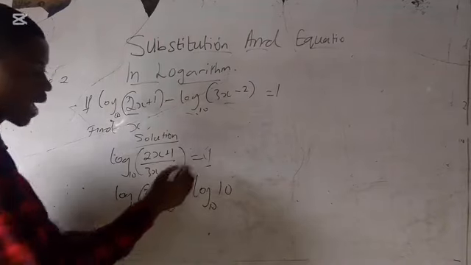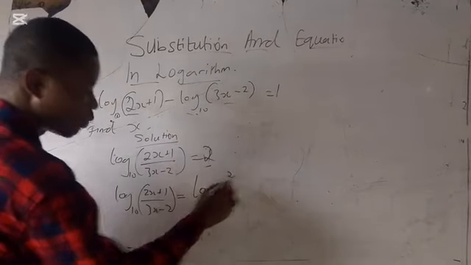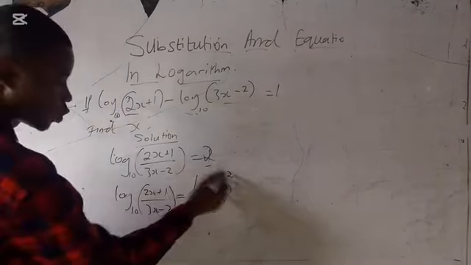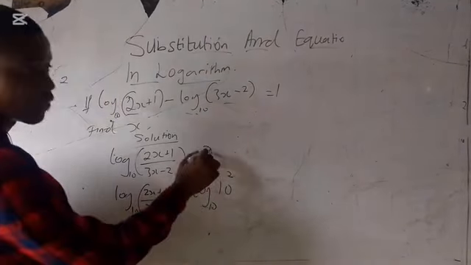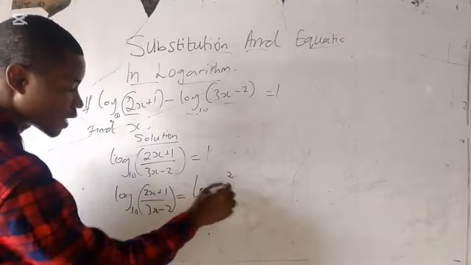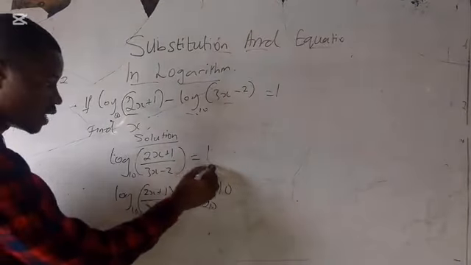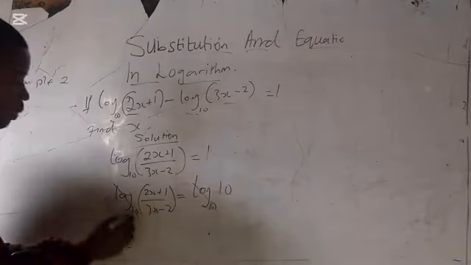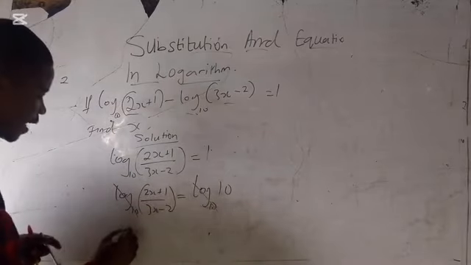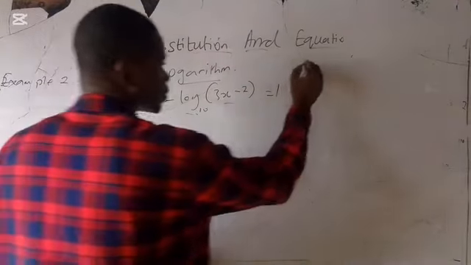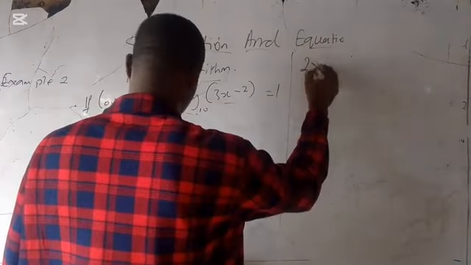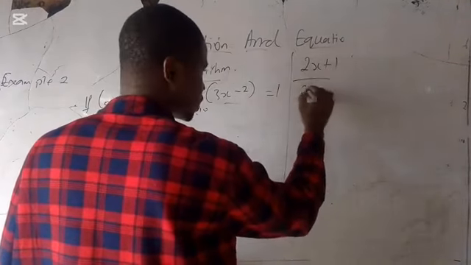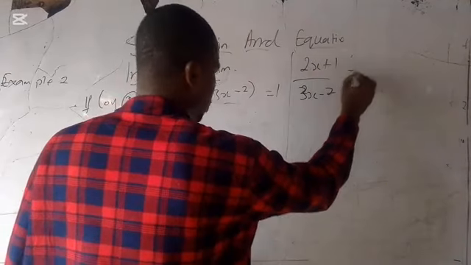So in place of this one, assuming this was 2, I would have put 2 here as the power, but it is 1. Log 10 base 10 is still 1. So in place of this, you put this. The reason I did that is so that I can cancel the log base 10. So what am I left with? I am now left with 2x plus 1 all over 3x minus 2 equals 10.